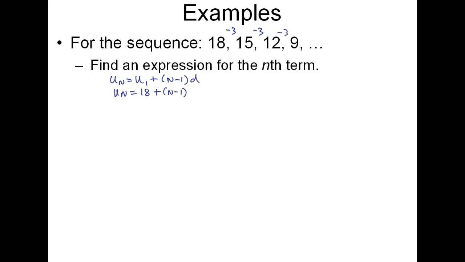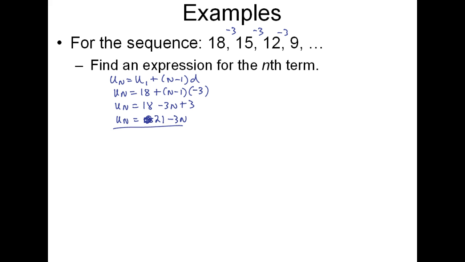And notice it goes down 3 every single time, so D is negative 3. So if I work this out, I've got 18 minus 3n plus 3. So U sub n is, not 18, 21 minus 3n. 18 plus 3 gives me my 21.